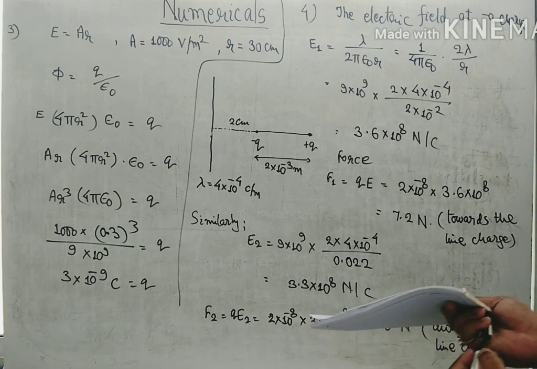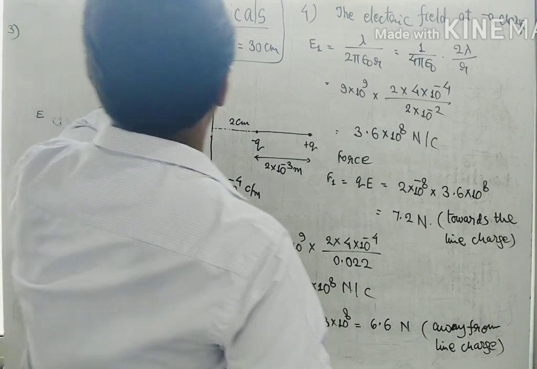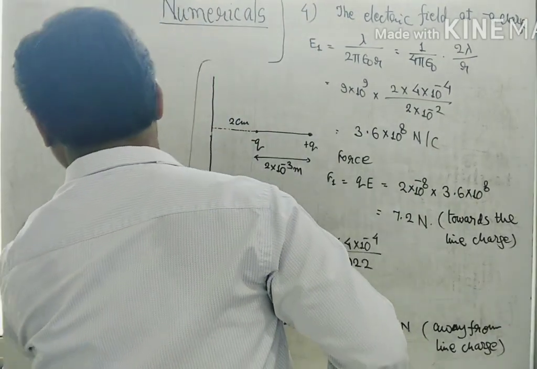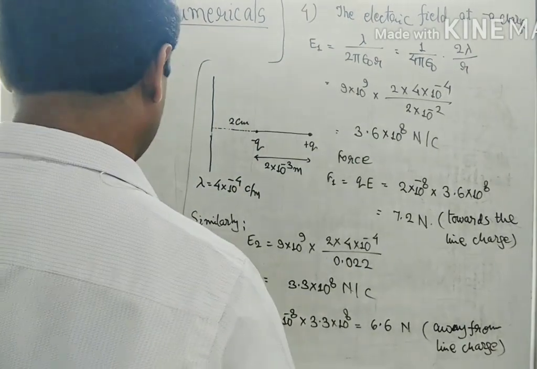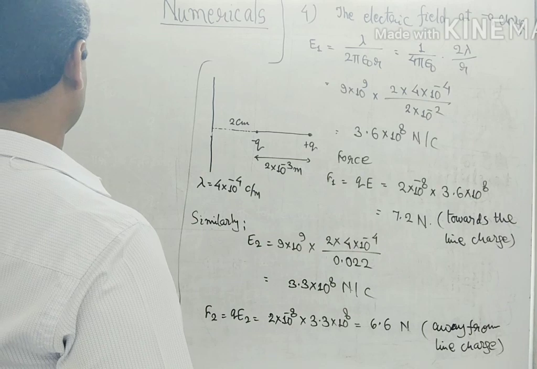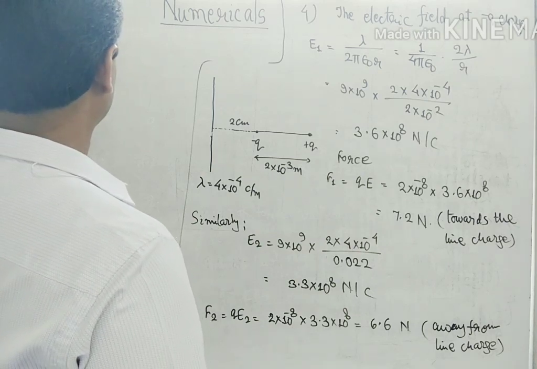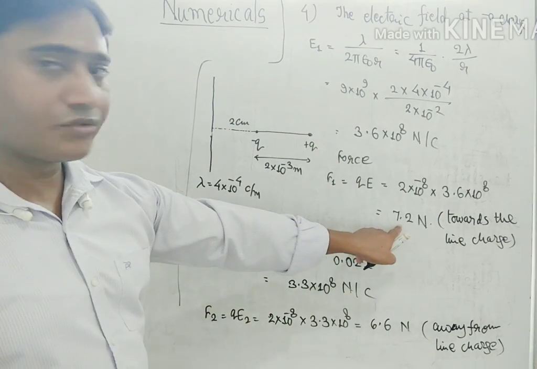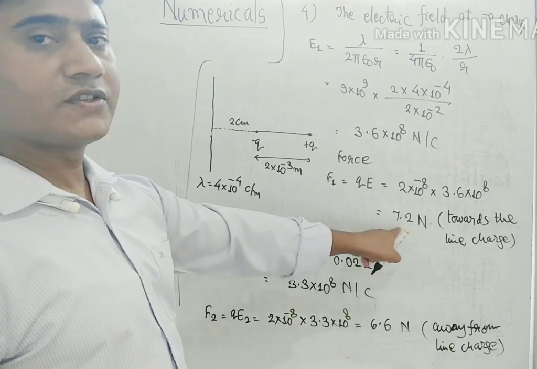Okay, so now we can apply the superposition principle, and thereby we can get the net force. F equals, now see, this is greater in magnitude and this is lesser in magnitude, so let's calculate along this direction.